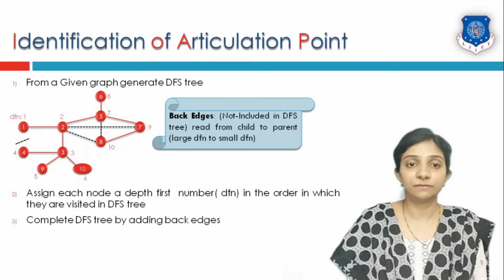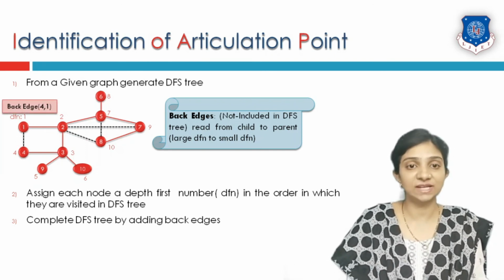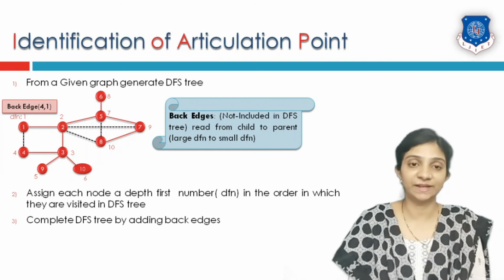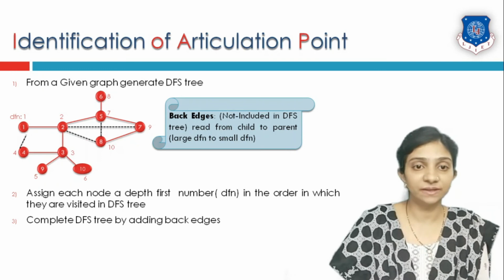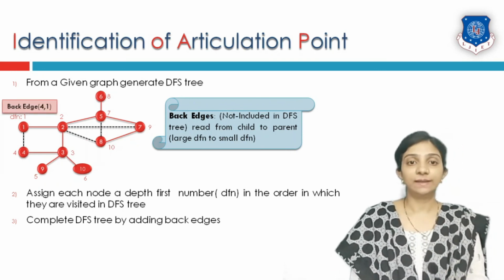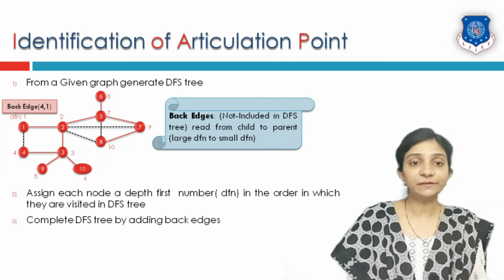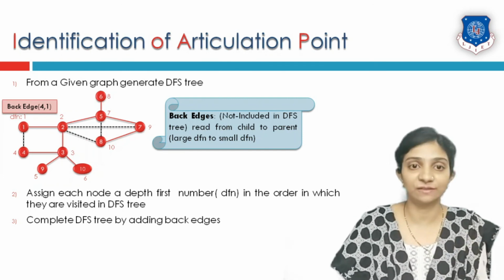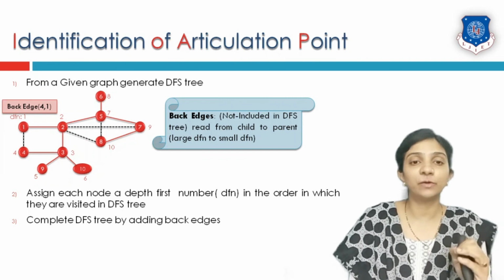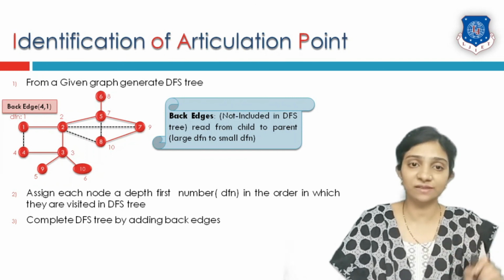That is, from the vertex whose DFN is large to the vertex whose DFN is small. Say for example, this particular edge. Here, the DFN of vertex 4 is larger and the DFN of vertex 1 is smaller. So the edge is from vertex 4, vertex 1.